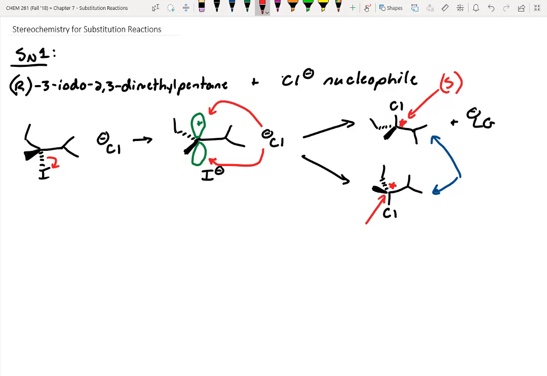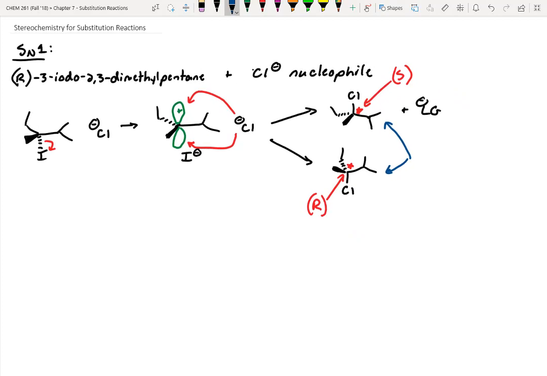What would that one be? It would be R, right? The chlorines are coming off of the exact same carbon, but the stereocenters are opposite of one another. So what's the relationship? Enantiomers. So we would get a mix of enantiomers.